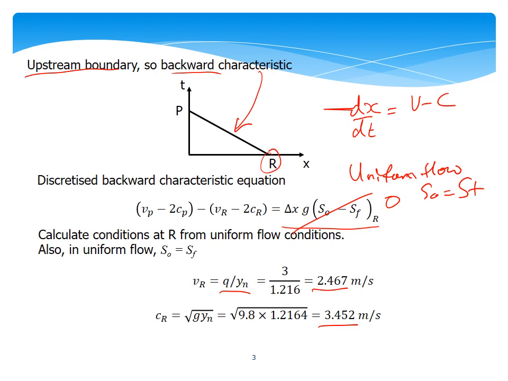Okay, so we're now going to apply this characteristic equation, substituting our two values here, and the only unknown is CP. What is CP?